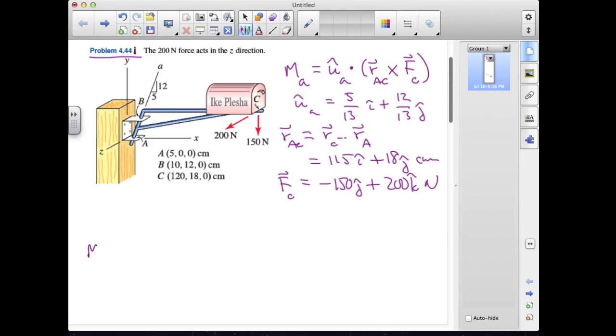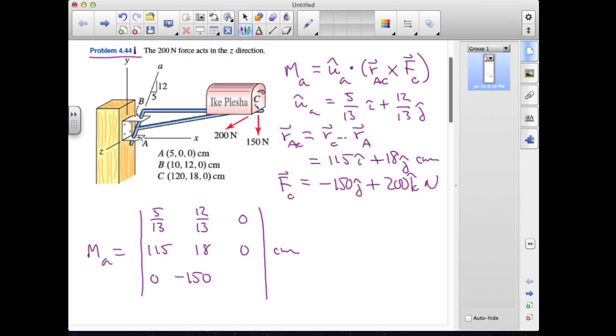So the moment about A is going to be based on, first for my components for UA, I have 5/13 and then 12/13 in Y and 0 in Z. And we have 115 and 18 and 0 centimeters for the position vector RAC, and then we have 0, minus 150, 200 newtons for the force.